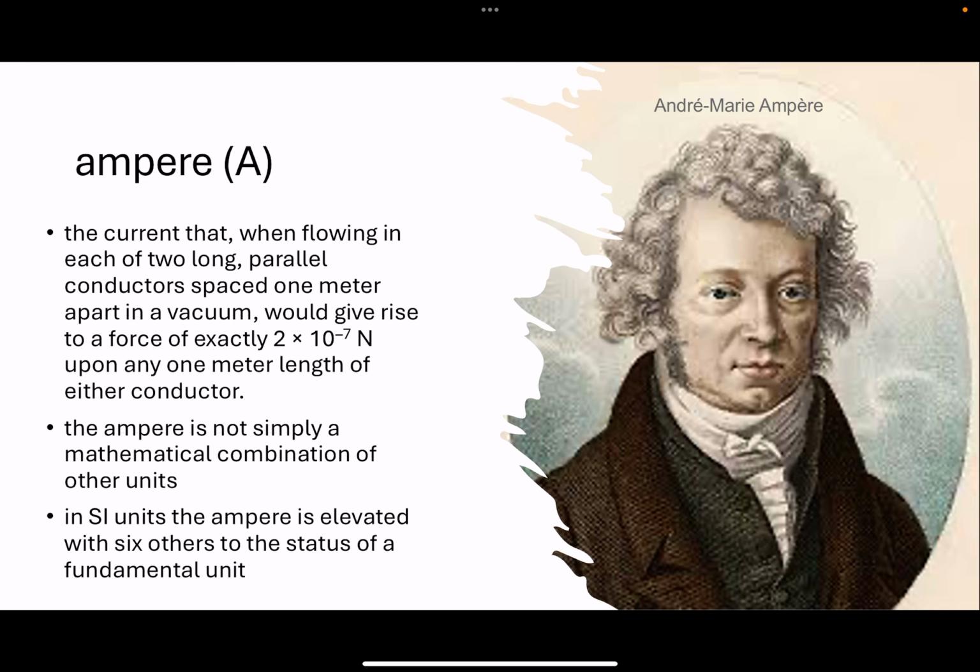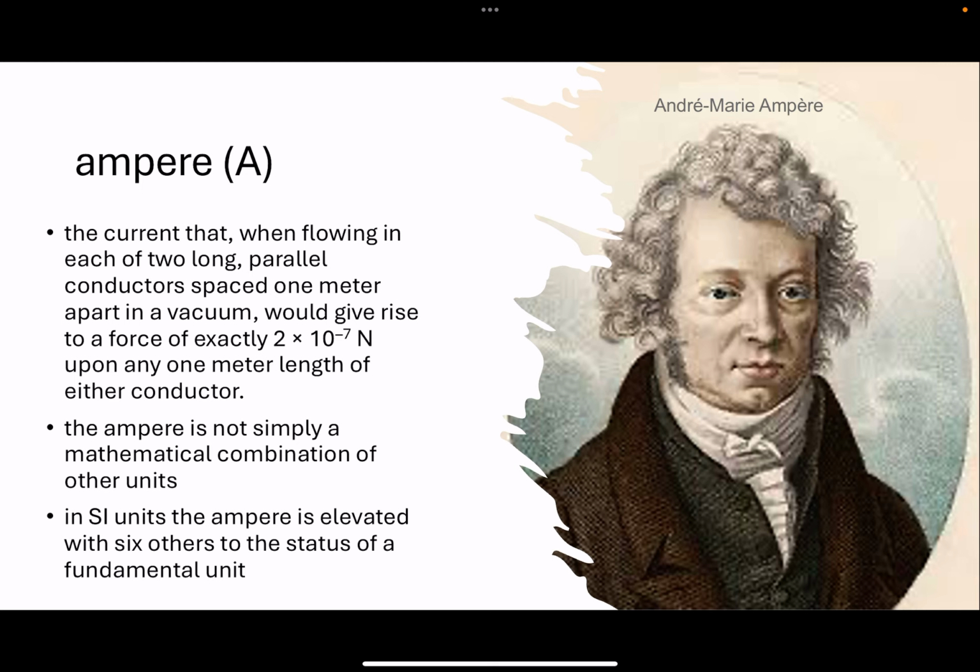So accordingly, we have this new SI unit, an ampere, and that's the current, the I, that when flowing in each of the 2 long parallel conductors spaced exactly 1 meter apart in a vacuum would give rise to a very specific force, and that's 2 times 10 to the negative 7 upon any meter length of either of the conductors.